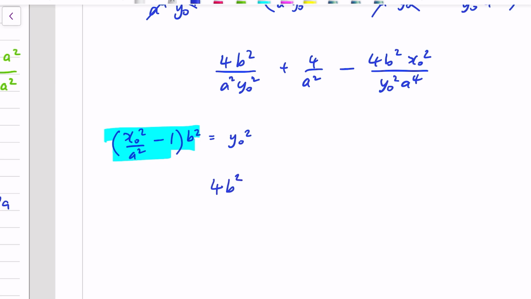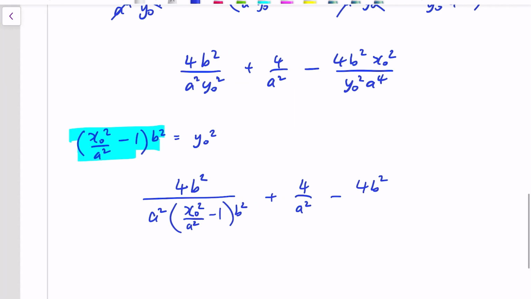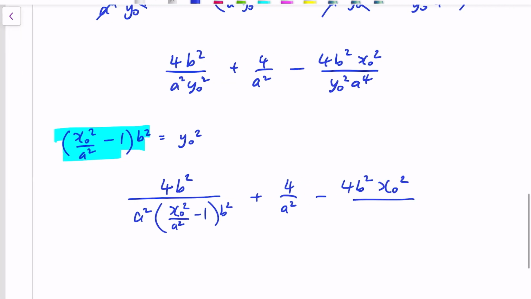4b squared over a squared, x naught squared over a squared minus 1, b squared. That's 4 over a squared minus 4b squared x naught squared over x naught squared over a squared minus 1, b squared, a to the 4.